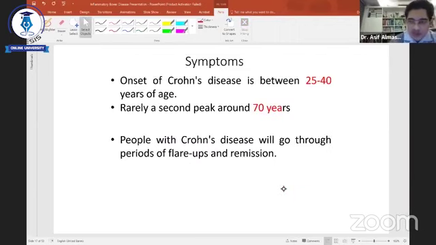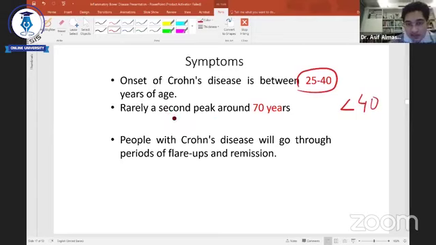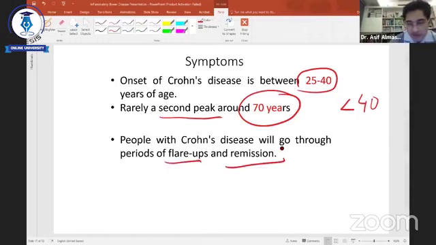So we have already discussed that Crohn's disease is common in patients below the age of 40. But sometimes there may be a second peak in and around the age of 70. And relapse and remission are very common in both ulcerative colitis and Crohn's disease. Remember this.